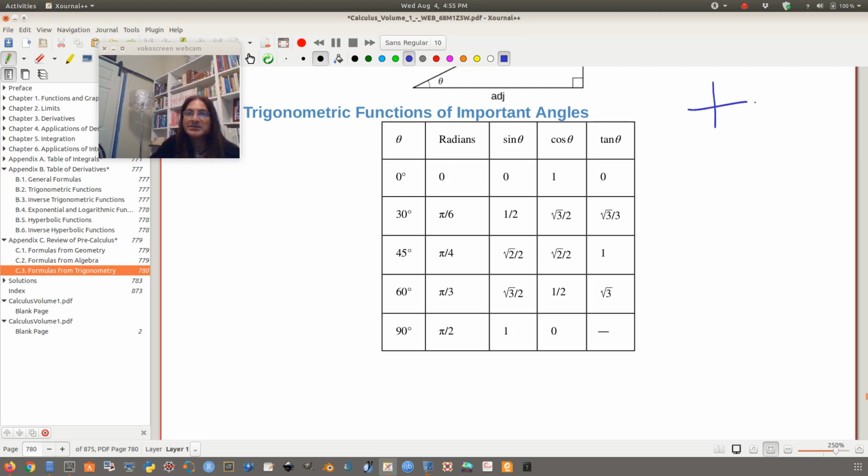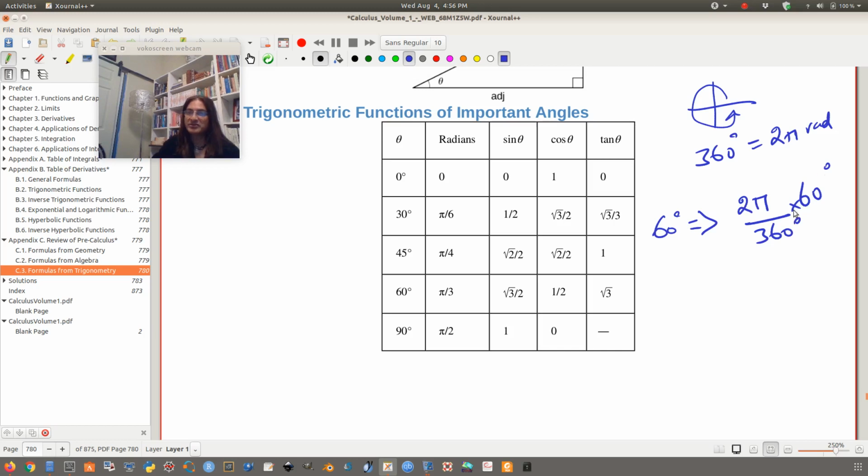We know that we have 360 degrees, which is same as 2 pi radians. So if you, for example, want to find out 60 degrees is how many radians, right? So what you do is you say 2 pi over 360 times 60.